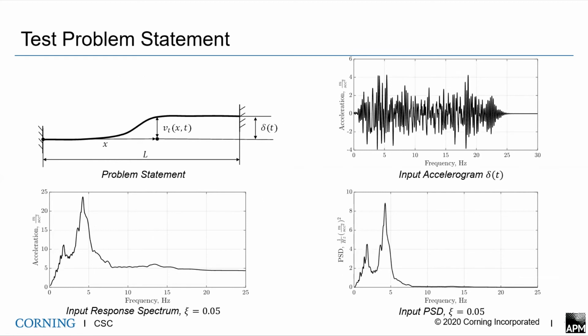So let's consider a test problem statement. Method performance was investigated on a beam problem, similar to first part of this article. The right base of the beam is subjected to the same seismic excitation, and we calculated in-structure response spectrum at the beam midpoint.